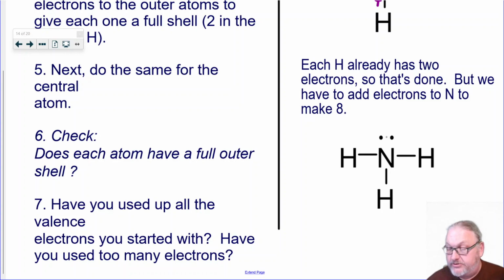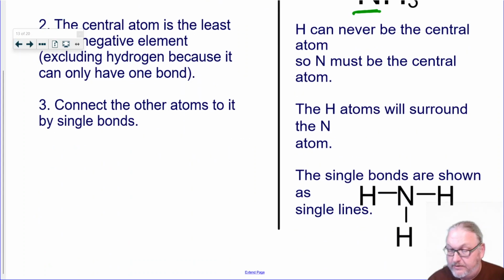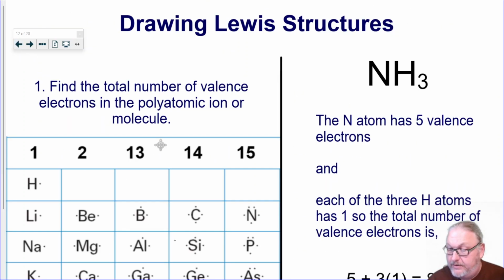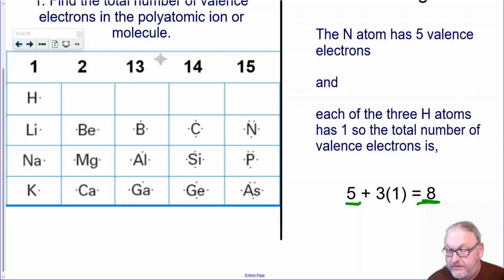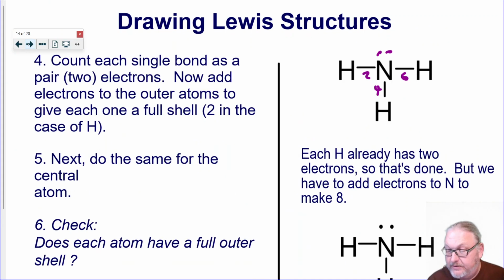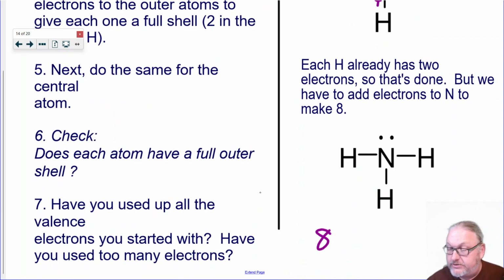Good. Nitrogen has 2, 4, 6, 8. It's got a full octet. And if I go back, that's how many I had in the molecule. We had 8, so we've used 8. We have drawn the Lewis structure for ammonia. Yay us.